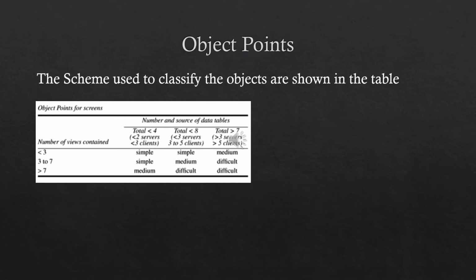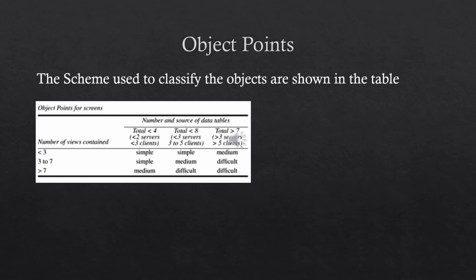Out of the total number and source of data tables being less than 4, the server is less than 2 and the clients are less than 3.